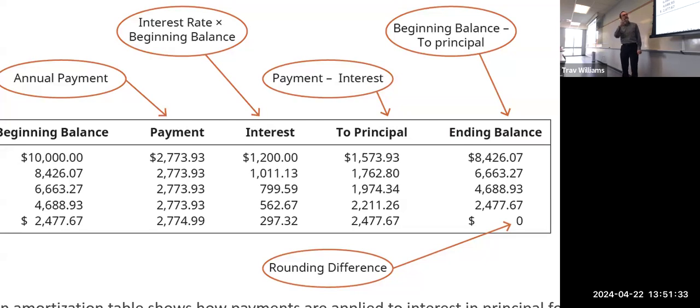In this case, if the borrower pays this amount every year for 5 years, they will end up with a zero balance. But they're paying more than the 10,000 they borrowed, right? This would be more like about 14,000 if you added it all up. They're borrowing 10,000, paying back about 14,000 because of the interest.